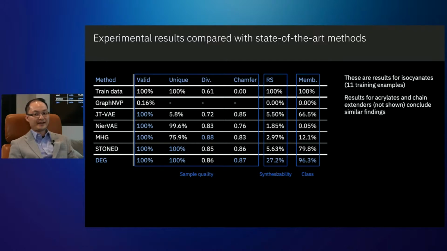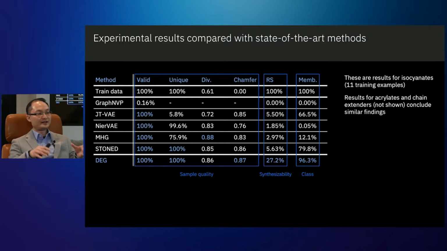So when we compare them, we look at various different metrics. For example, how many of them can be synthesized is definitely one thing that we focus on. But additionally, we also look at other metrics. When we look at existing generative methods, they are treating the training set as a distribution.